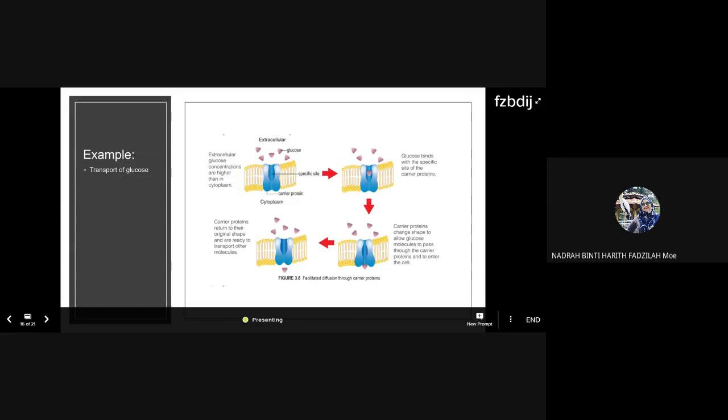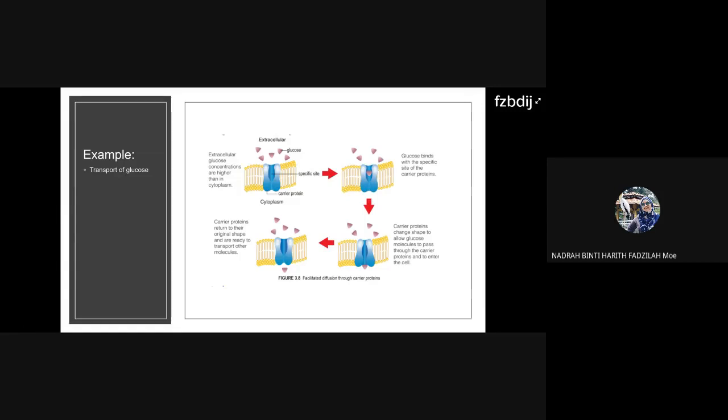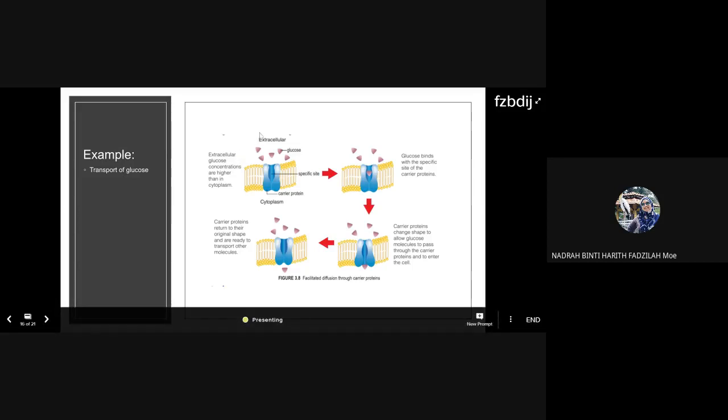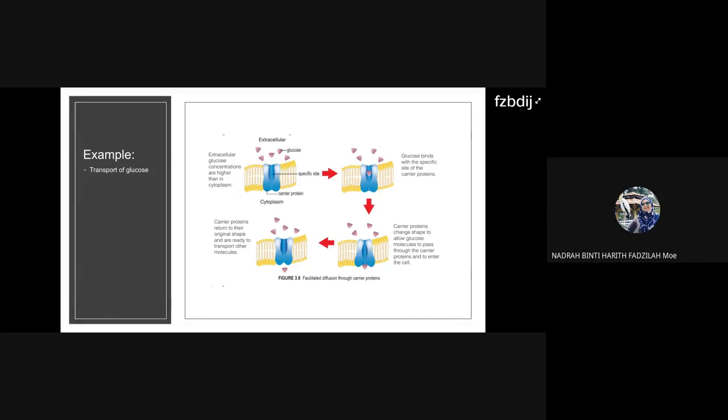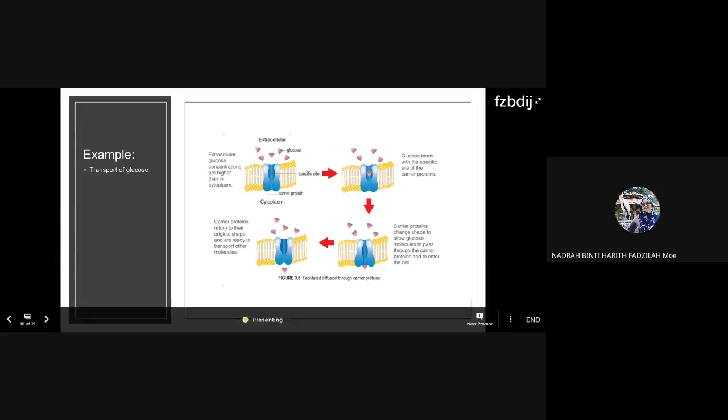For example, this is an example in our syllabus, the transport of glucose. So, even though we use carrier protein, the transport of glucose, for example, still follows concentration gradient from high concentration area to lower concentration area.